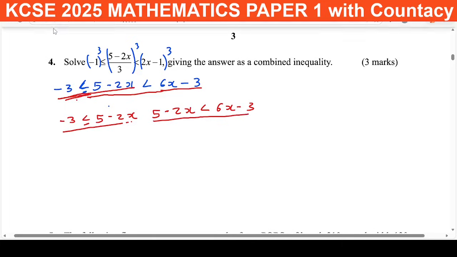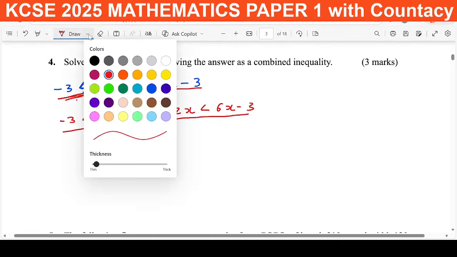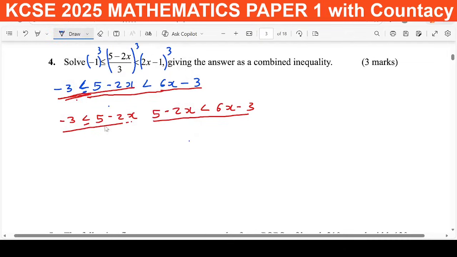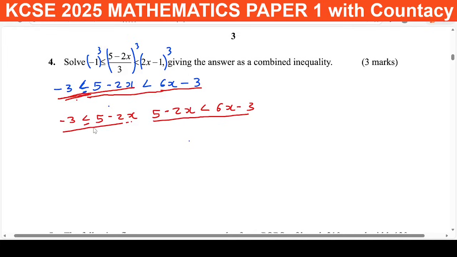So now what remains for us is to solve the two inequalities, and after we get the solutions, we'll get back and try to combine them. So for such a case, what do we have? We have -3, we have 5, we have -2x. We can push this -2x to the other side, and that's going to be a positive 2x.